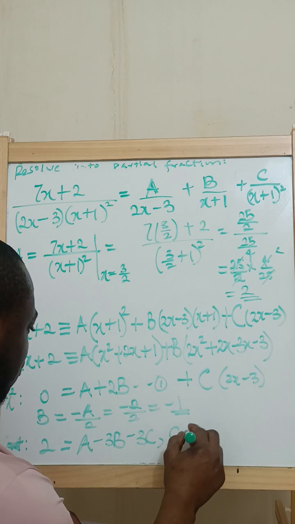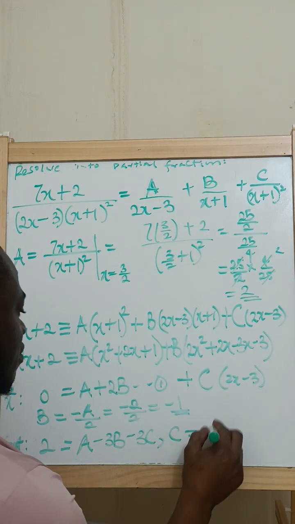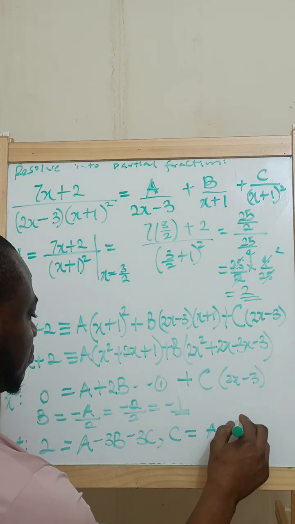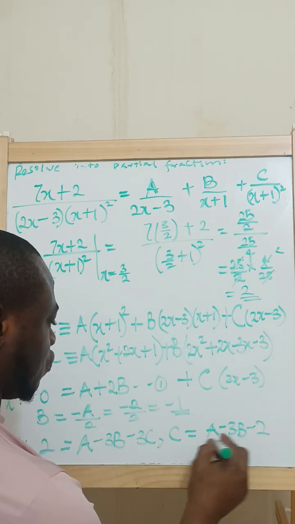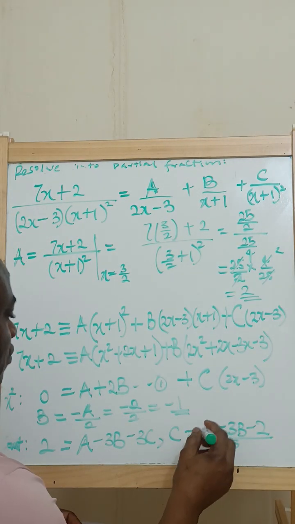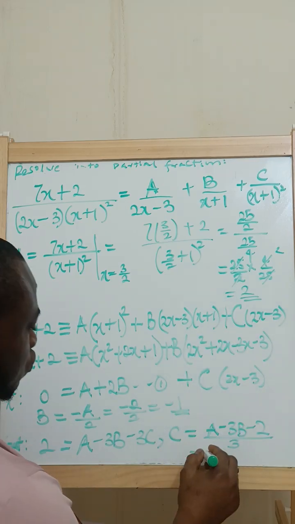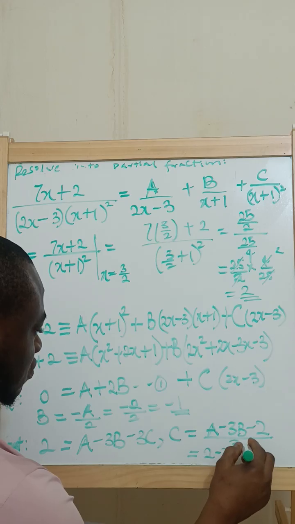C will become A minus 3B minus 2, all over 3. What is A? 2. And B is minus 1.